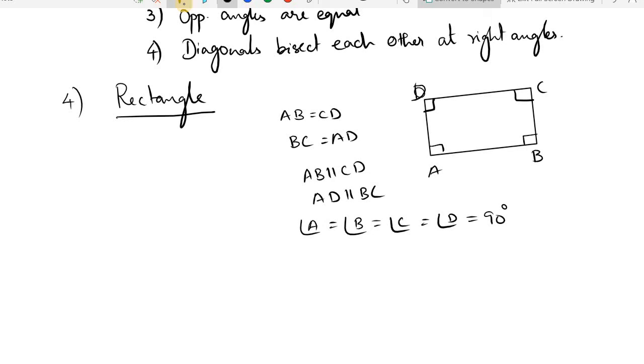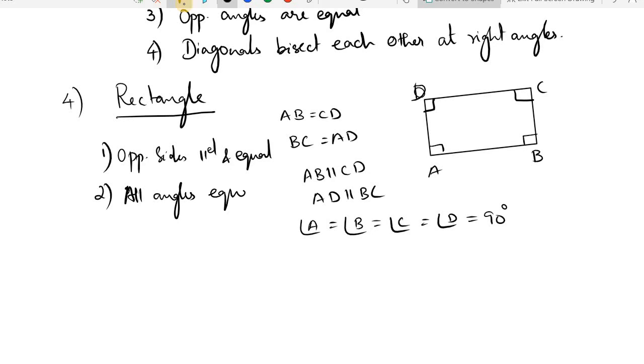Okay, so if I want to write the properties: opposite sides parallel and equal. Second would be all angles equal, it is equal to 90 degrees. Third, I have not drawn and shown it here, the diagonals bisect each other, as we have seen in the parallelogram.